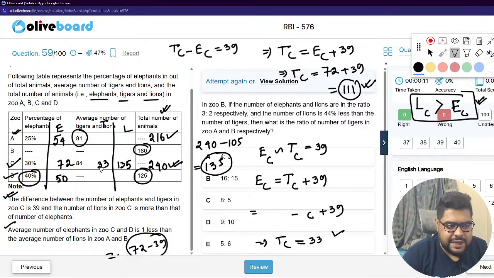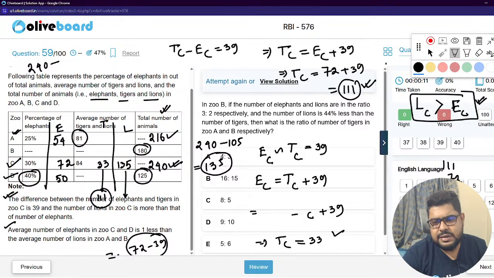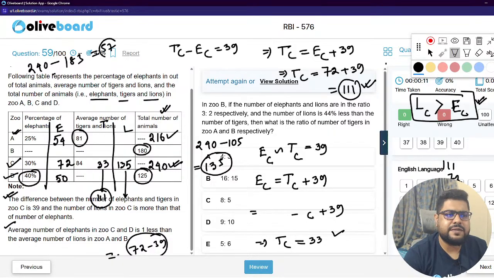So the value could have been 111. But in that case the number of lions would have been 240 minus 111 and 72, which is 240 minus 183. So this would have been 57, sir.